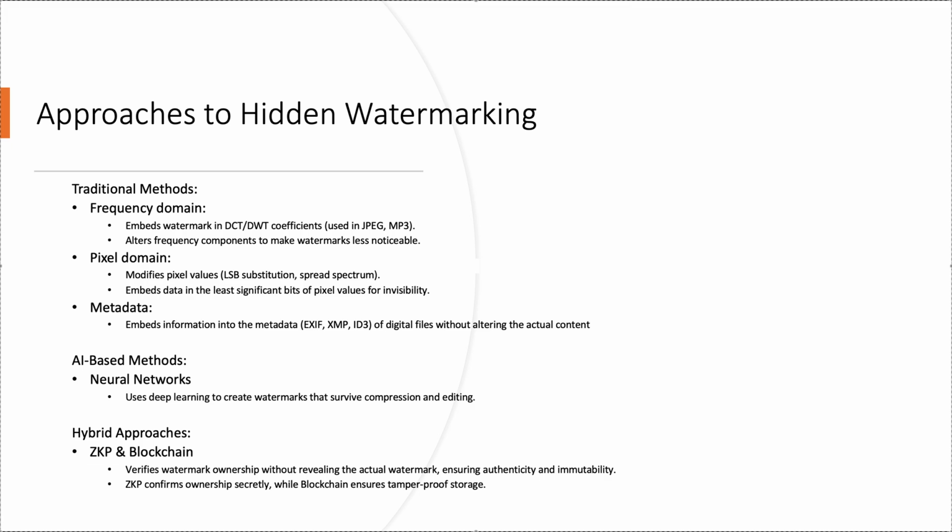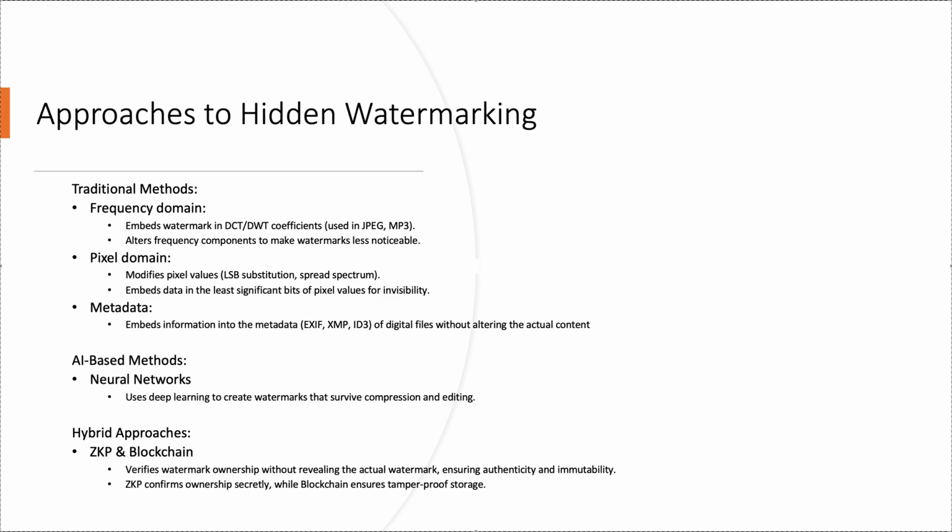Finally, we have hybrid approaches that combine multiple technologies for enhanced security. One of the most innovative combinations is using zero-knowledge proofs, ZKP, alongside blockchain technology. Here's why this is powerful. With zero-knowledge proofs, you can verify that you own a watermark without actually revealing what the watermark is or where it's hidden. It's cryptographic magic that proves ownership secretly.